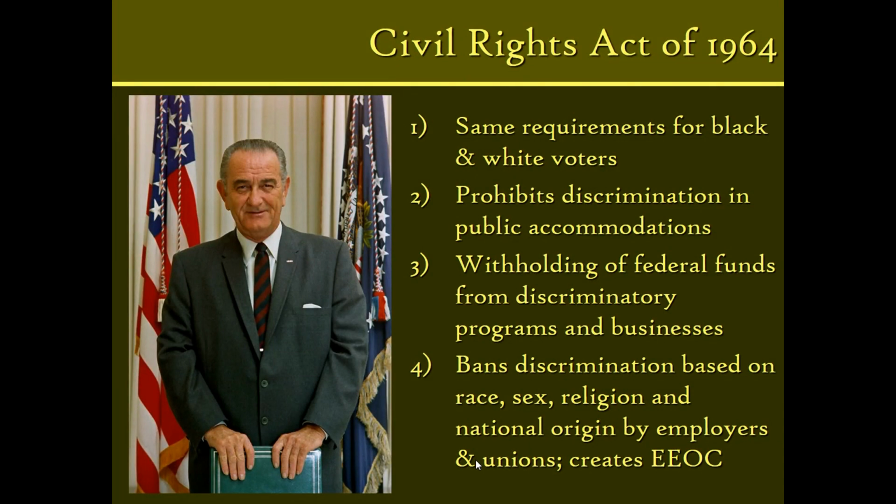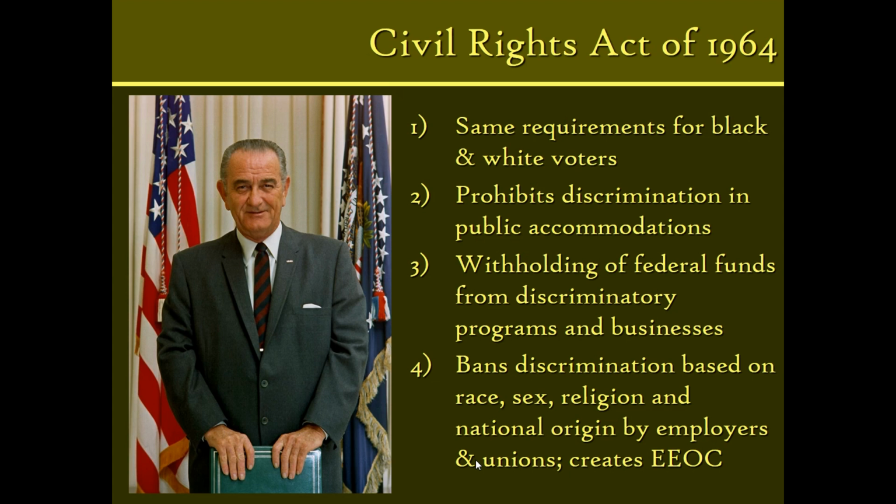All right, the Civil Rights Act of 1964. This is what they were pushing for. At that time, though, Kennedy was president, but Kennedy is assassinated in 1963, and so it falls on Lyndon Johnson, who does push through the Civil Rights Act of 1964 in memory of JFK.